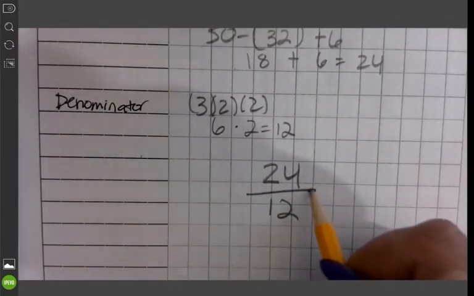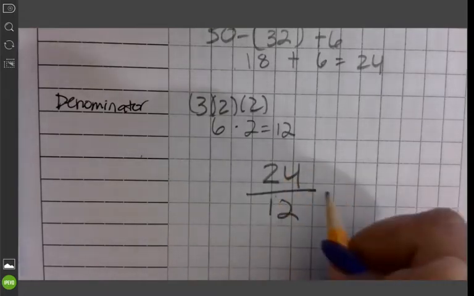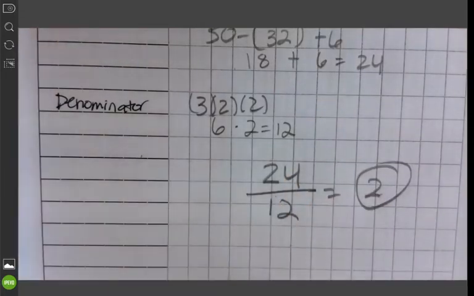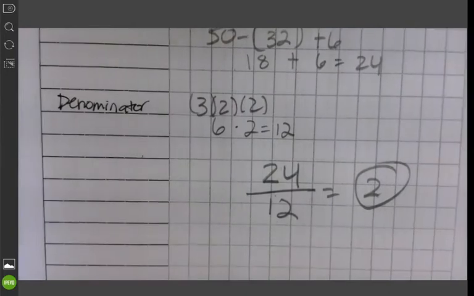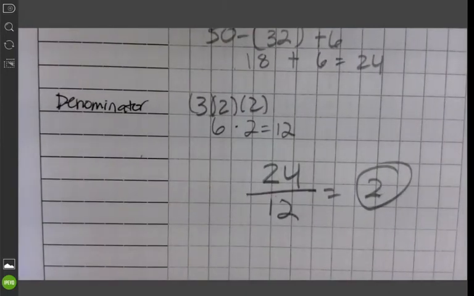This means division. 24 divided by 12 equals 2. So our answer is 2. There it is. Well, that's all I have for notes today. Keep in mind those groups.